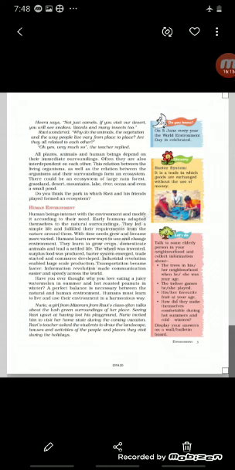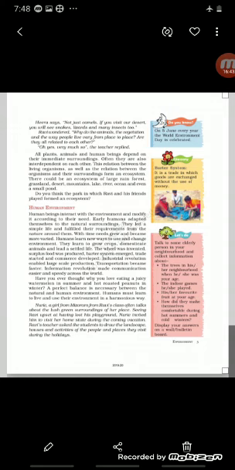Do you think the park in which Ravi and his friend played forms an ecosystem? Here we can also know more about ecosystem. All plants, animals, and human beings depend on their immediate surroundings. Often they are also interdependent on each other. We are interdependent on each other.